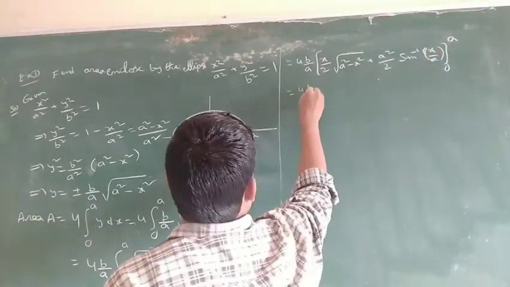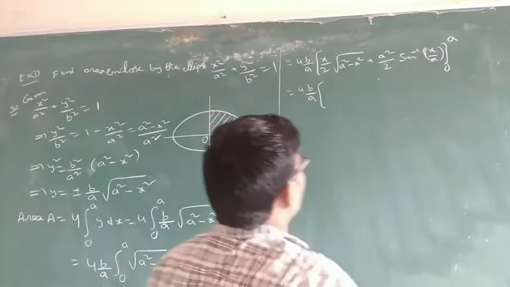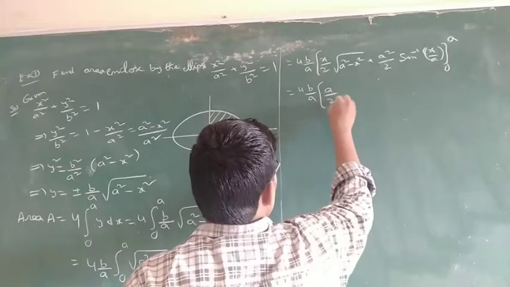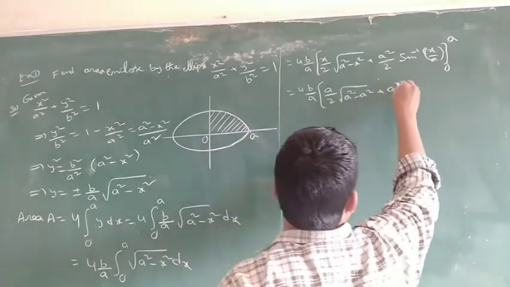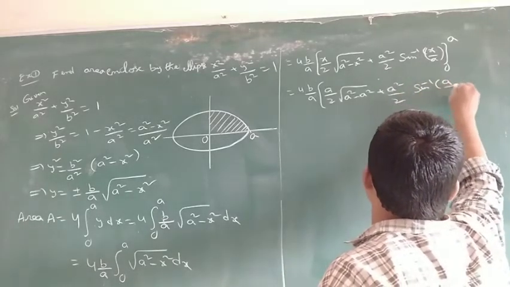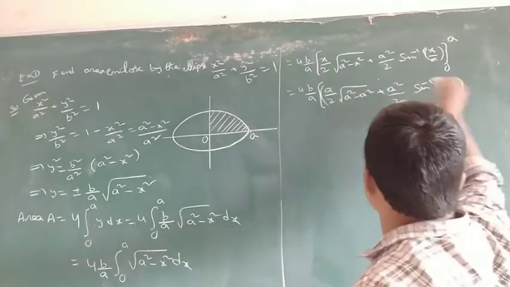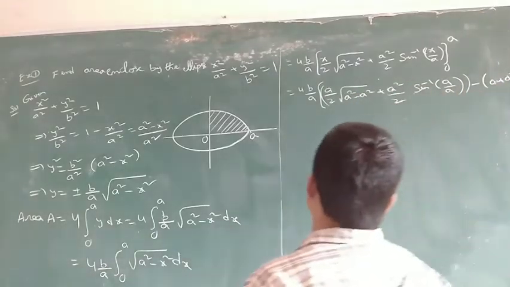limits 0 to a. That is equal to 4 into b by a. First the upper limit: a by 2 into root of a square minus a square plus a square by 2 into sin inverse a by a. This is upper limit minus lower limit, which is 0.